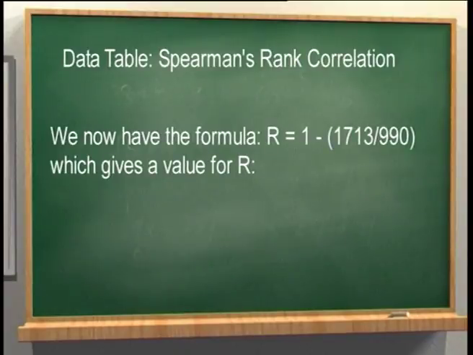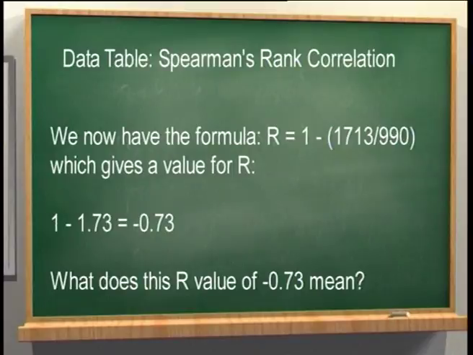We now have the formula r = 1 - 1713 / 990, which gives a value for r of 1 - 1.73. The value is -0.73. What does this r value of -0.73 mean?